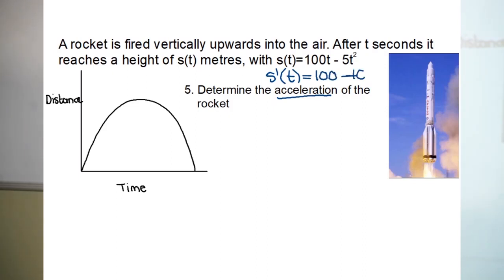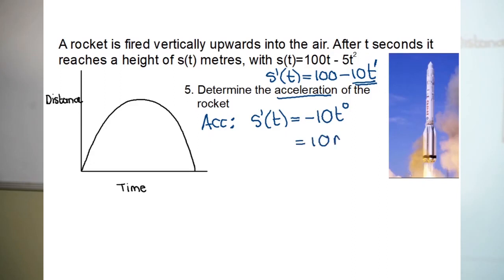If the velocity is given by the derivative, 100 minus 10t, then the acceleration will be the derivative of the velocity equation, which means it's the derivative of the 100, which is 0, it's a constant, and then the derivative of the second term will be negative 10t to the power 0, which is negative 10, and the unit will be meters per square second at this stage.